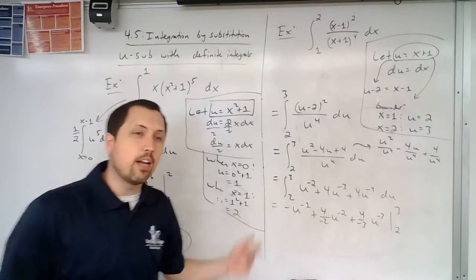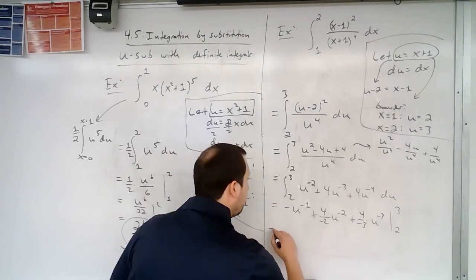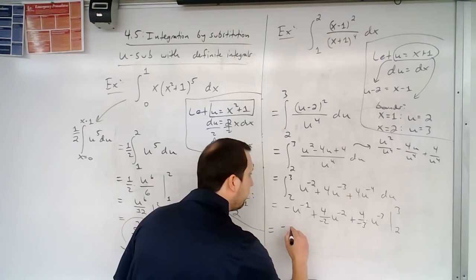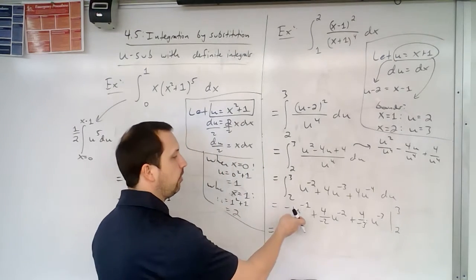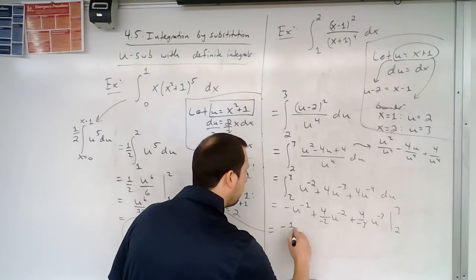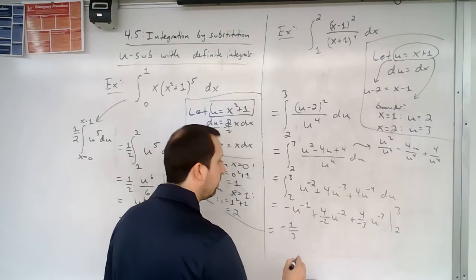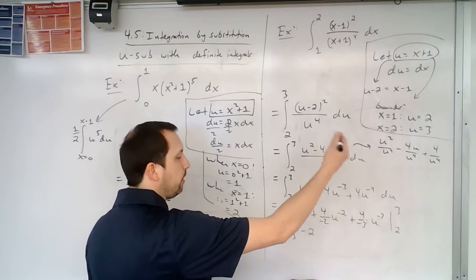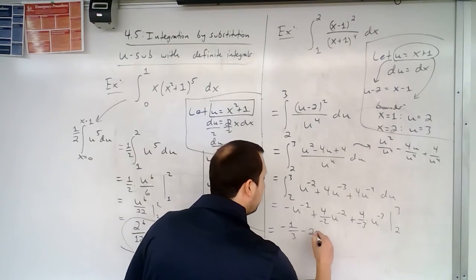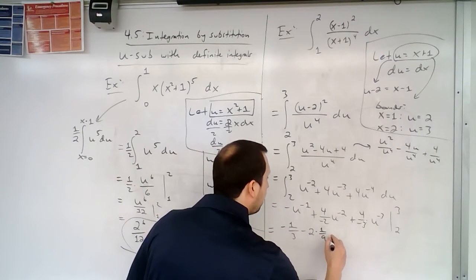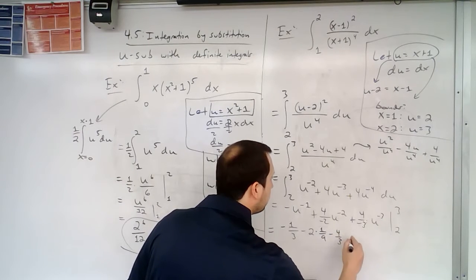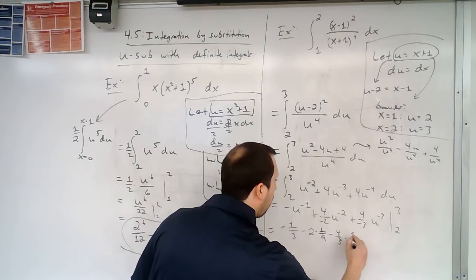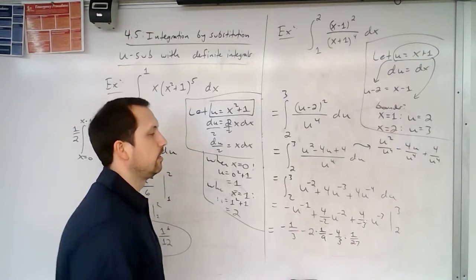Then I plug in all of my constants now. So I have negative 3 to the negative 1. So that's another way of saying negative 1/3. I have minus 2. u to the negative 2nd will be 1 over 9. So I have times 1 over 9. Minus 4/3. I'm going to have a 1 over 27.